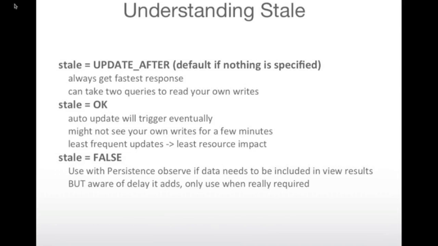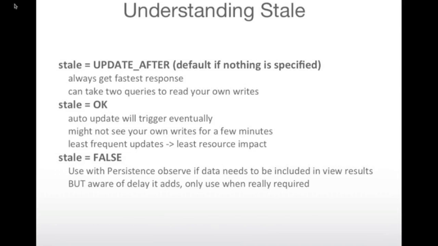Stale equals update after: that means that after you return the results to this query, index the next batch of documents that have not been indexed since the last time you ran. Stale equals okay means that the next batch of indexes will only be triggered by the automatic triggers in Couchbase, which is time and operations. It means don't go ahead and index the next batch. Stale data is okay.